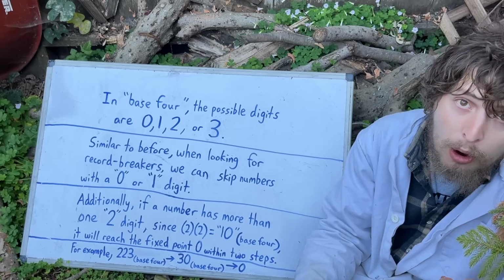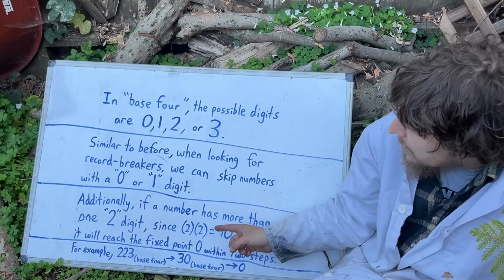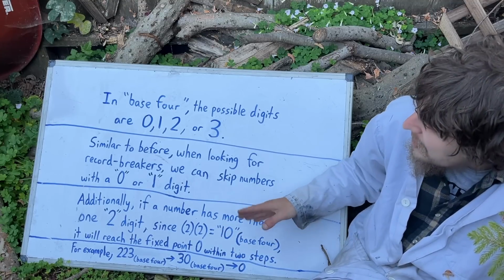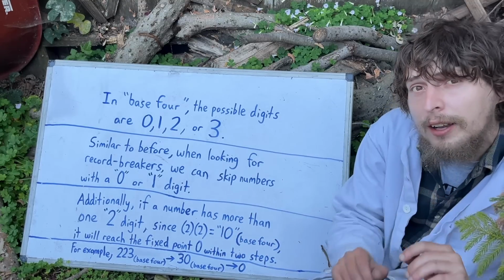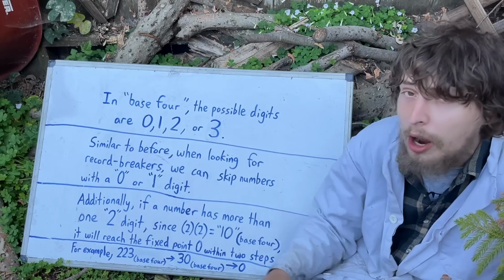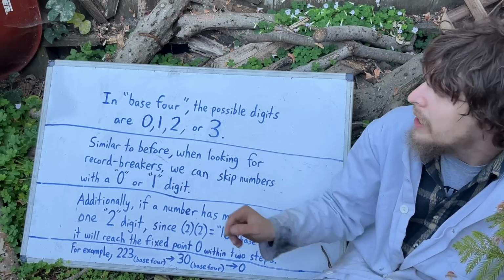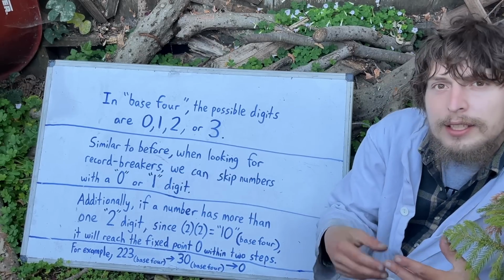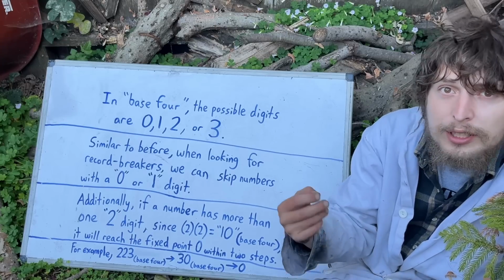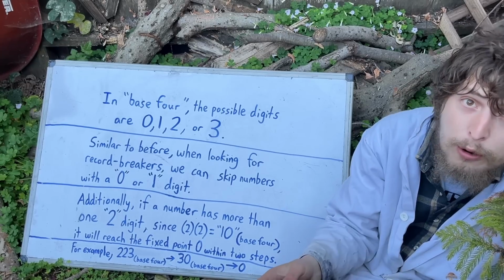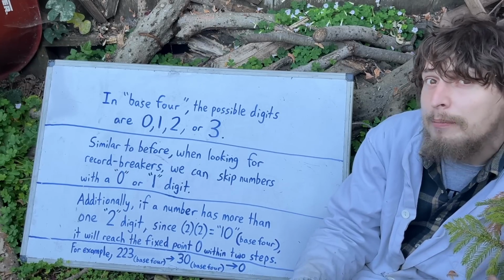Similar to before, record breakers that take more than just a single step would not involve a digit 0, that would make them crash to 0 too quickly, or a digit 1, because that would be a trivial digit that could have been removed to have the exact same product.